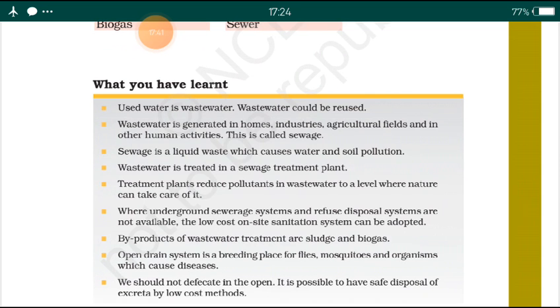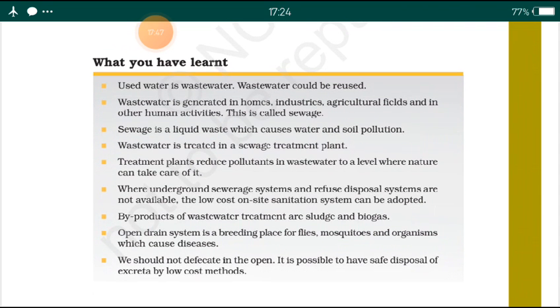Second, wastewater generated in homes, industries, agriculture fields, and in other human activities is called sewage. So this definition is about sewage. What is sewage?